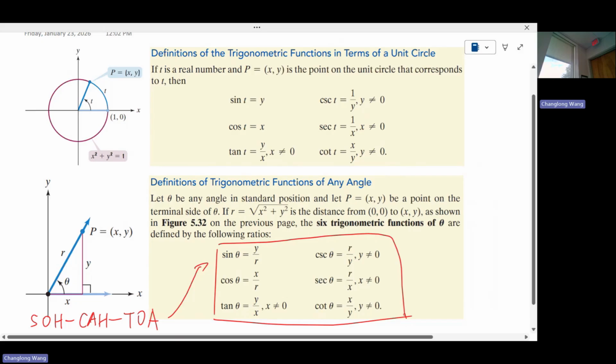Those are ratios. That's why if you have a super large R, the corresponding Y is going to be bigger. Find a ratio, you get the same thing. That means it seems that the theta depends on the R, but don't get me wrong, you're trying to get the Y and R to figure out what this ratio is.